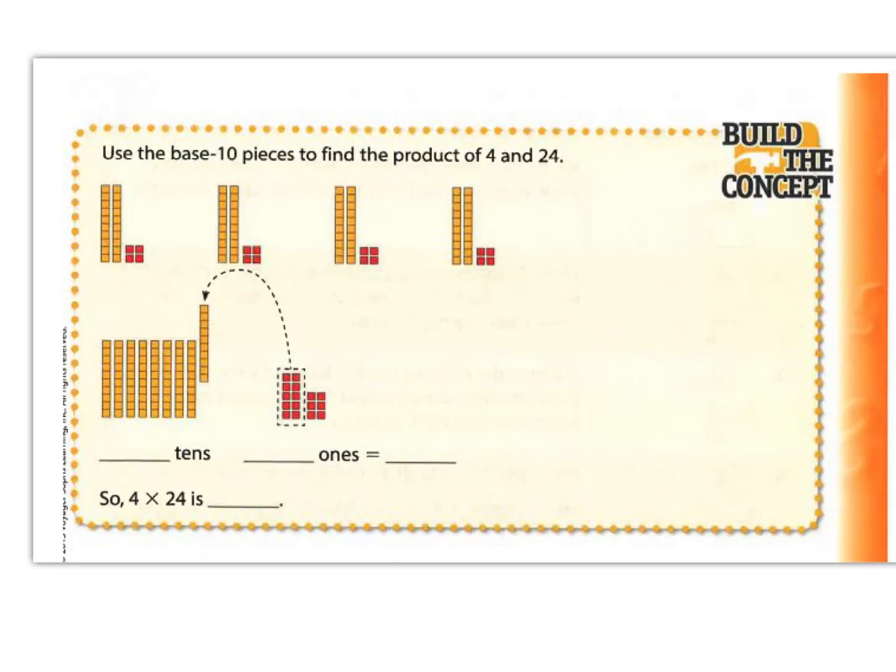All right, this says use the base 10 blocks to find the product of 4 and 24. So here are 4 groups of 24. 10, 20, 21, 22, 23, 24. So then when you do that, you can combine those 10s. So we have 1, 2, 3, 4, 5, 6, 7, 8.